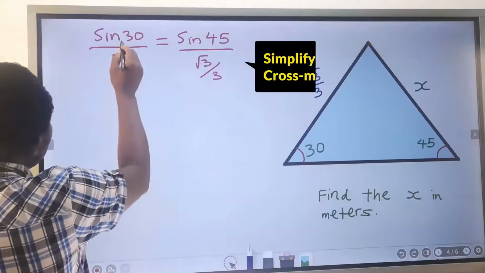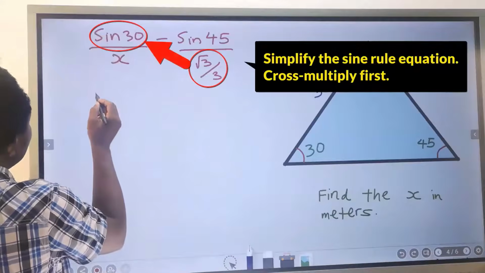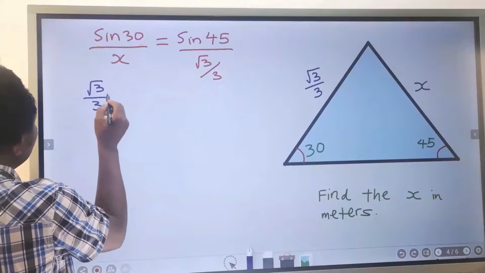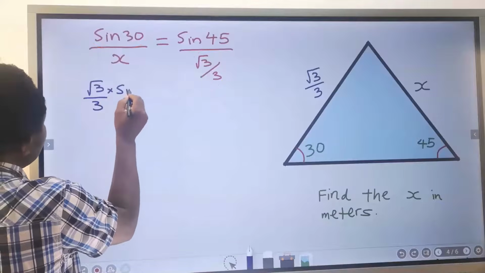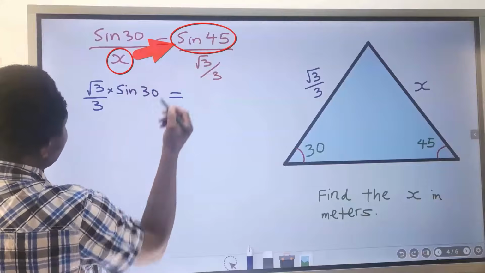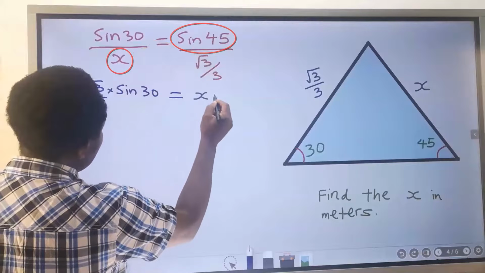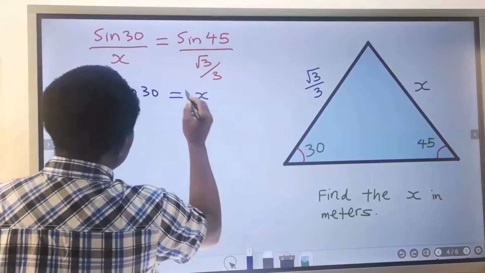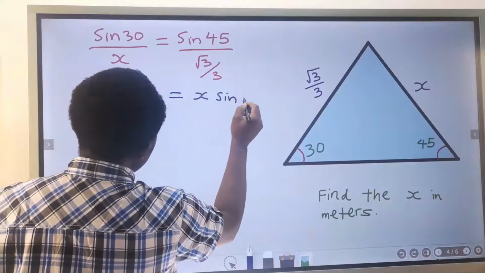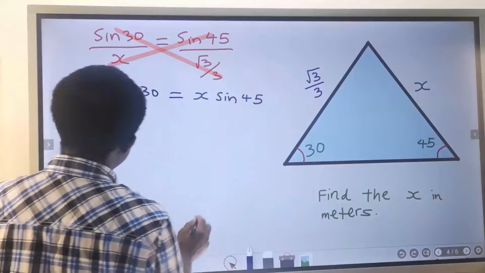Next, this will multiply this, and we're going to have root 3 divided by 3 times sine 30 degrees. This will multiply this by cross multiplication, and we're going to have x times sine 45.